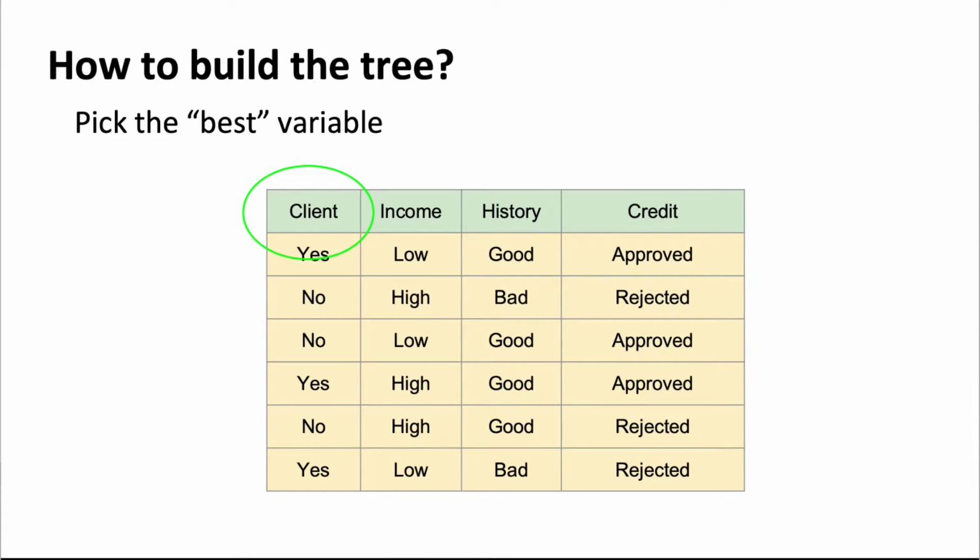We first must pick the best variable. And that's something we're going to figure out later, how we assess the variables or how we can score the variables in order to decide which one is the best. For now, and to understand the general overview of the tree building algorithm, we are going to assume that we know how to pick the best variable. Okay, so let's assume that at the beginning the best variable is client.